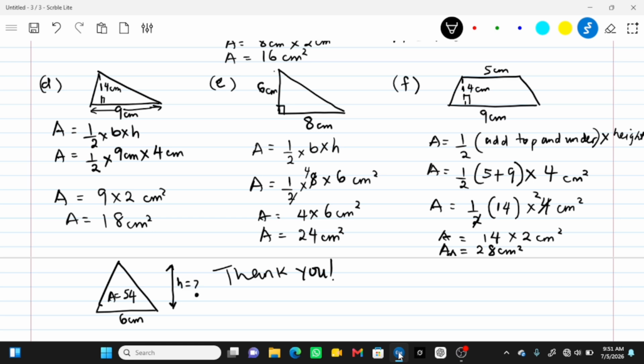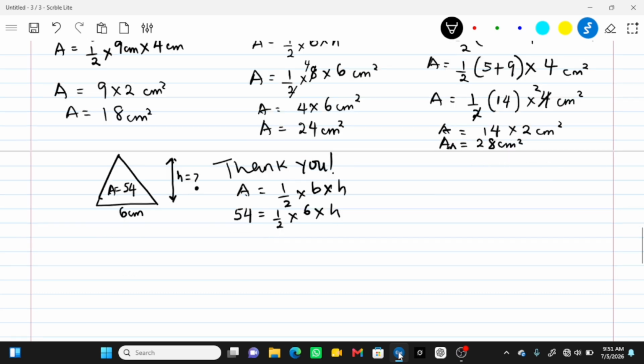Height is unknown. Since the area is 54, you start with area equals half times base times height. And here you put your 54 for the area, equal to half times 6 times h. So these two can take care of the 6. So 54 is equal to 3 times h.